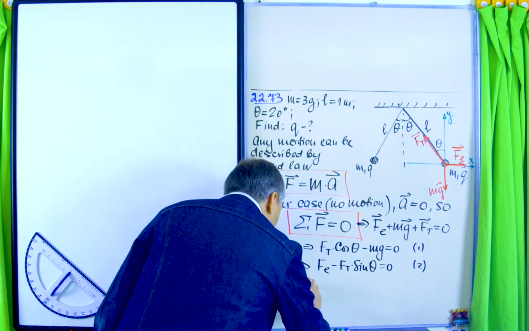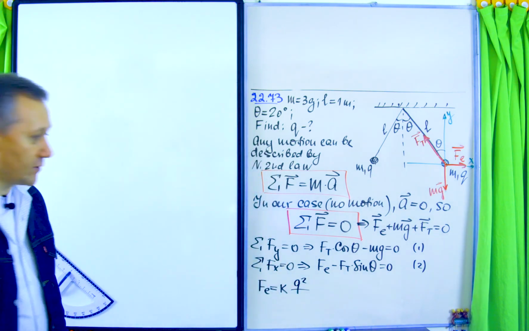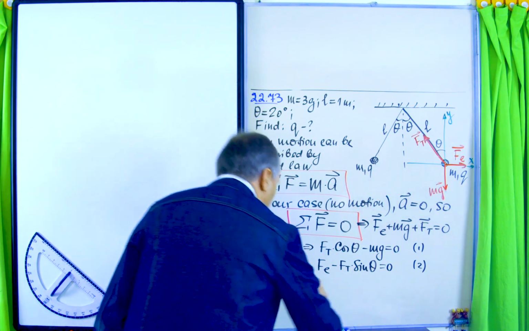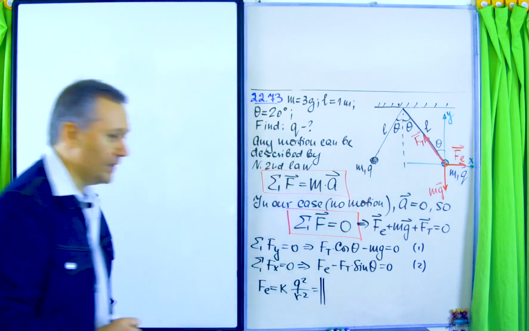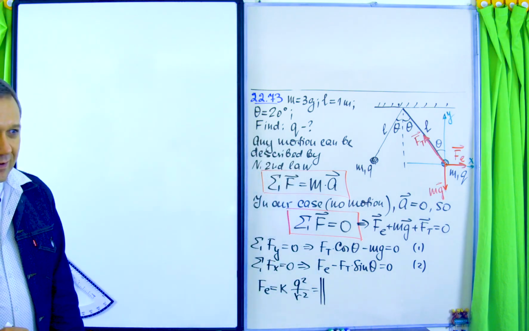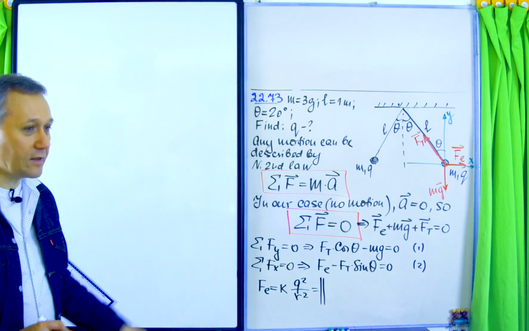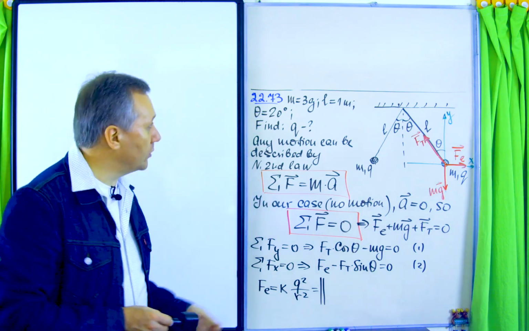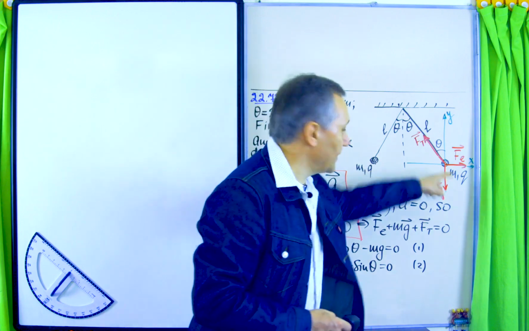So Q squared divided by the distance between point masses, R squared. Now let me open my explanation box and write down the distance between these two masses. We need to write it in terms of what is given, or maybe some unknown. So this R is the distance between this and that.